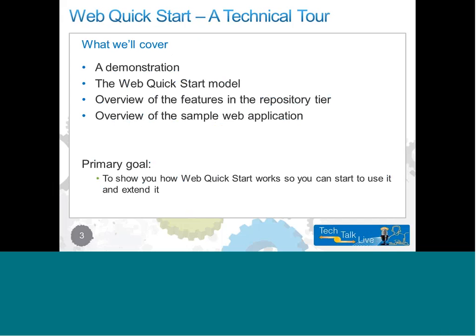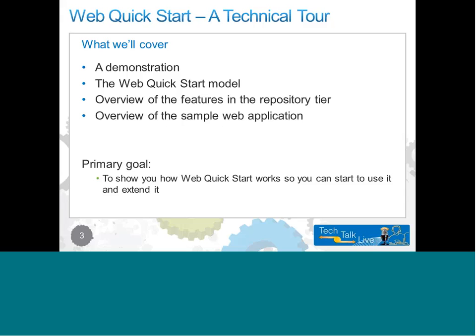So what we're going to go for initially is a quick demonstration of the Web Quick Start, just to set the context and make sure that those of you that haven't seen it yet understand what I'm talking about. And then we'll start delving into it in a little more detail. I'll talk you through the model that's used in the Quick Start.